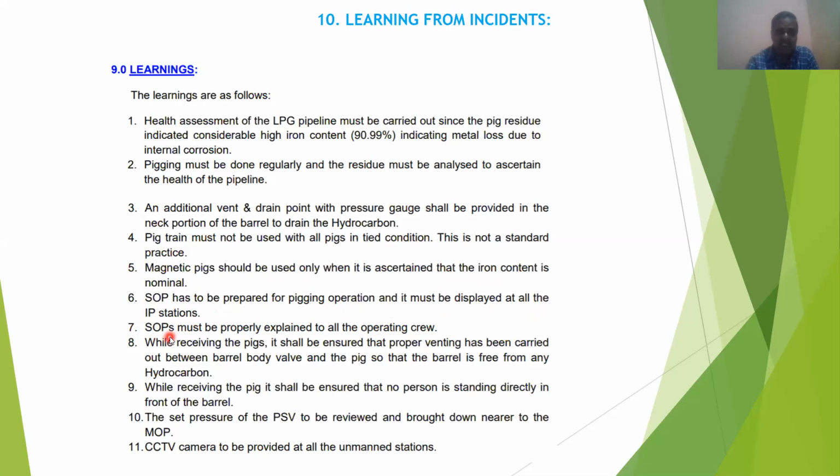Okay. SOPs must be properly explained to all the operating crew. While receiving the pigs, it shall be ensured that proper venting has been carried out between barrel body wall and the pig so that the barrel is free from any hydrocarbon. It was not done there. While receiving the pig, it shall be ensured that no person is standing directly in front of the barrel.